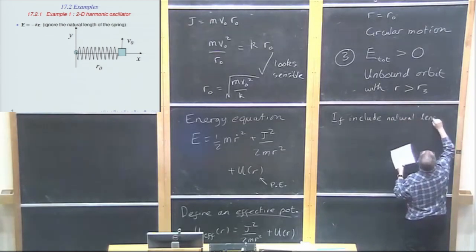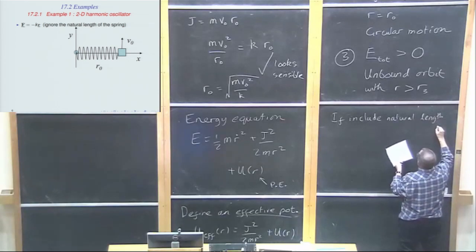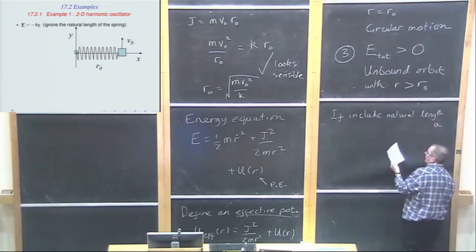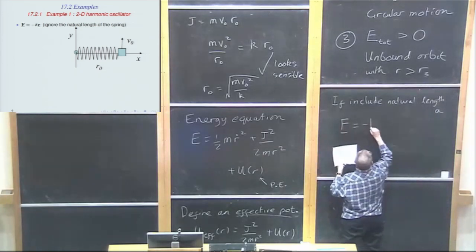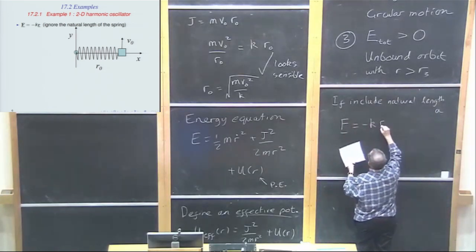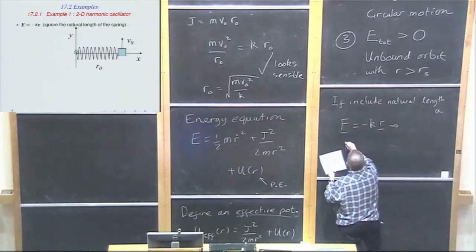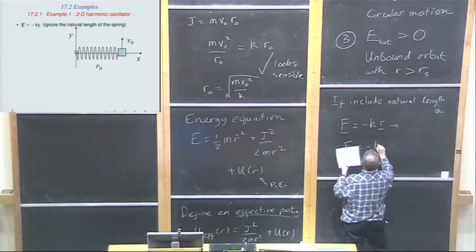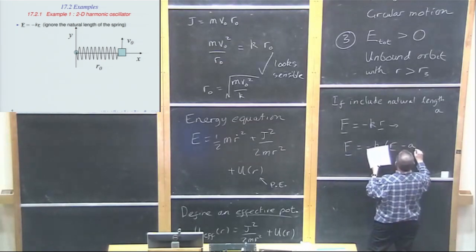Let's say it has a natural length of A. Then the force, rather than being minus k r, will go to force equals minus k (r minus A).